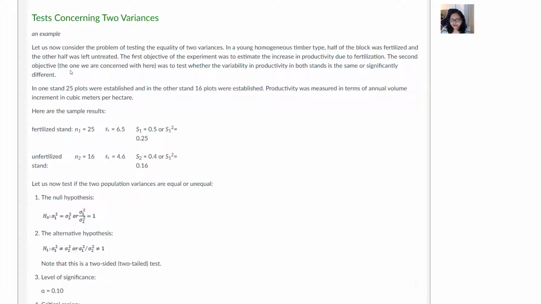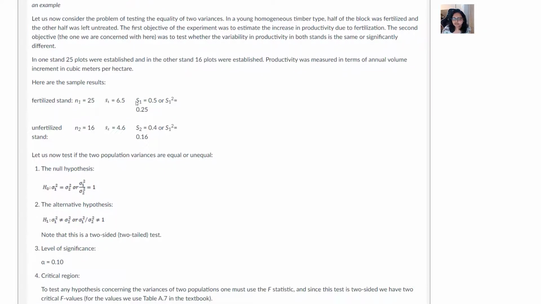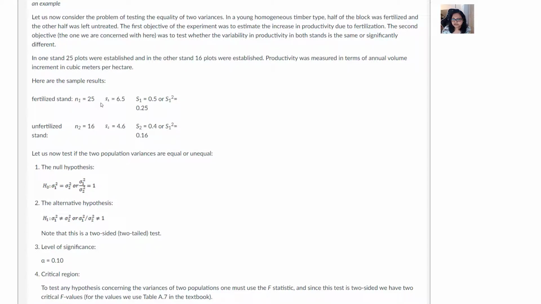now I want to talk about tests concerning two variances. In the case of two variances, we have two populations or two groups, and we are trying to compare the variances of one variable in both groups. Okay? So let's say we have two populations.